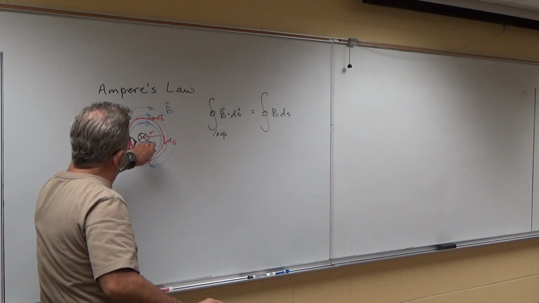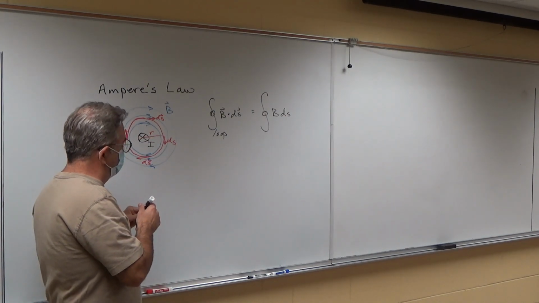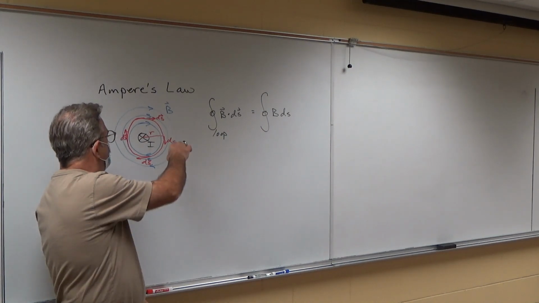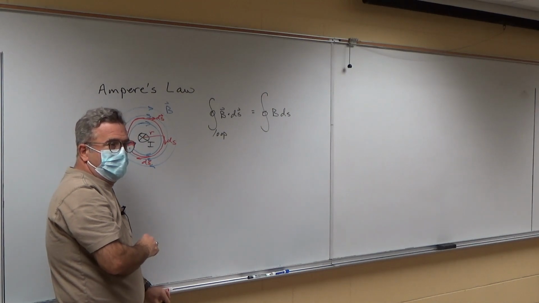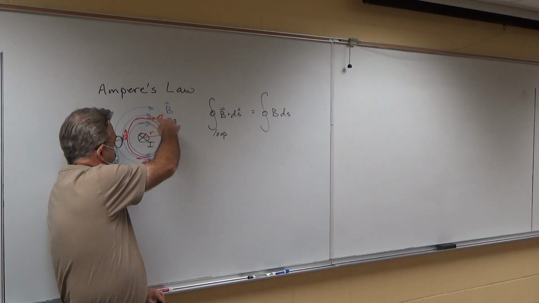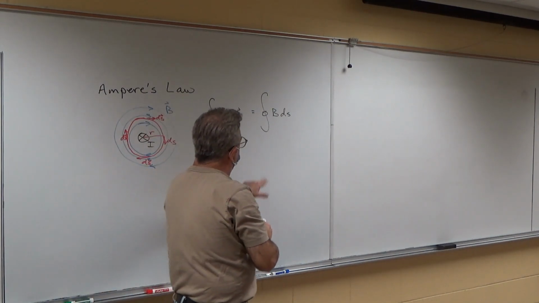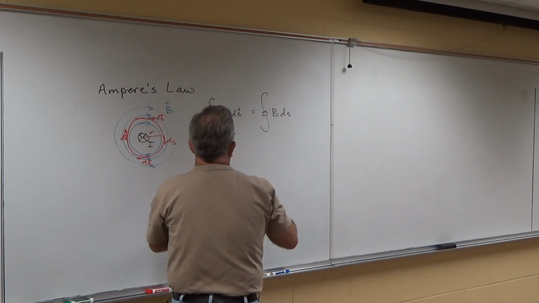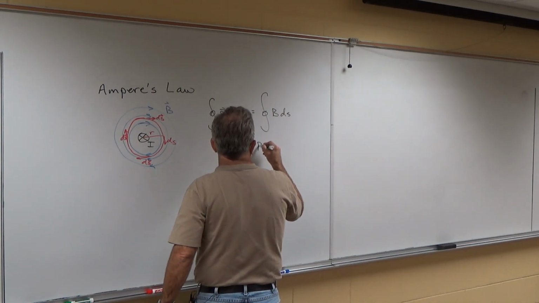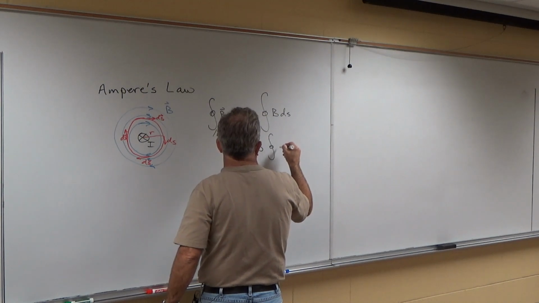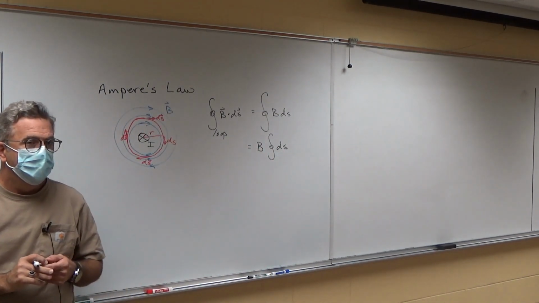For a given radius r, we know that for a straight wire, the magnetic field is a constant at that radius. The magnetic field is not changing as I go around this loop that I've drawn. So this can come out of the integral. So this equals B times the integral of ds around the closed loop.